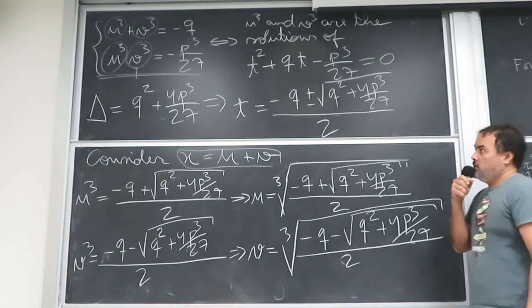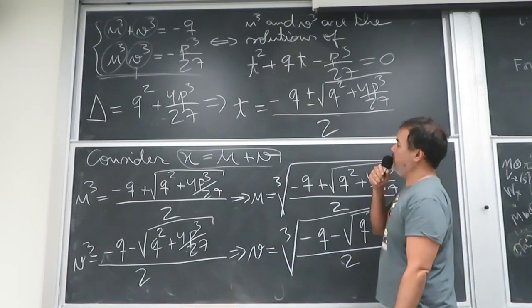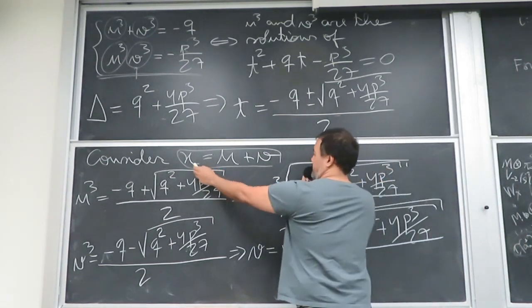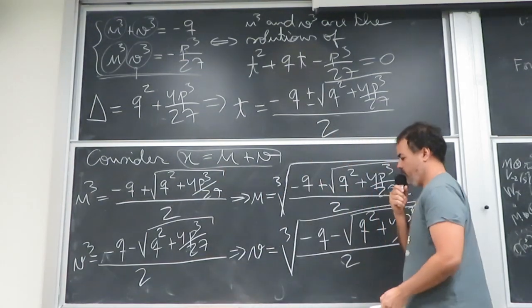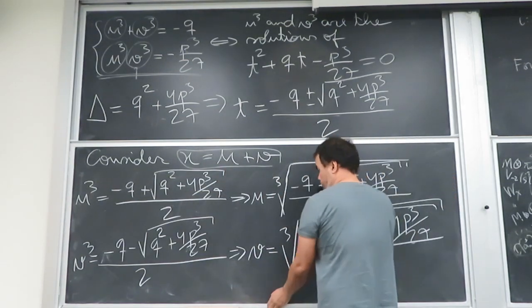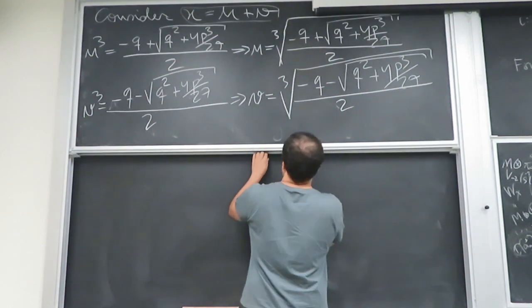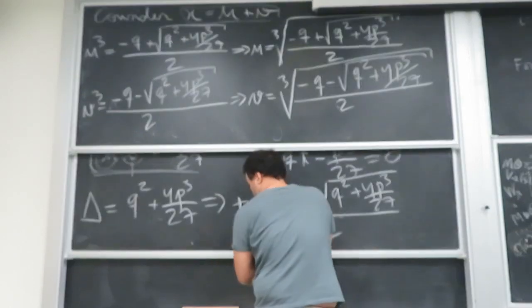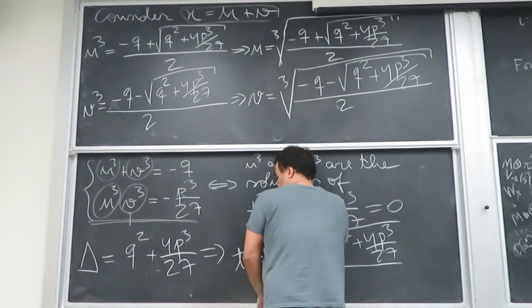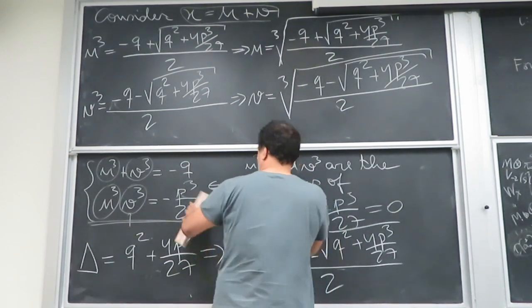Okay? So, since x is u plus v, then one solution can be the sum of u and v, simply. Right?